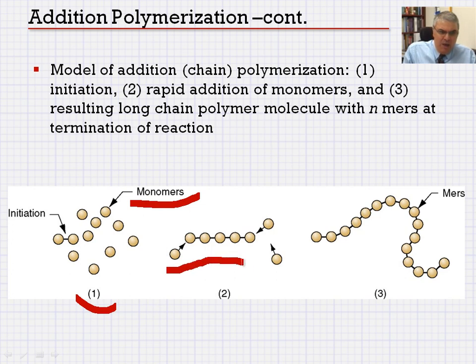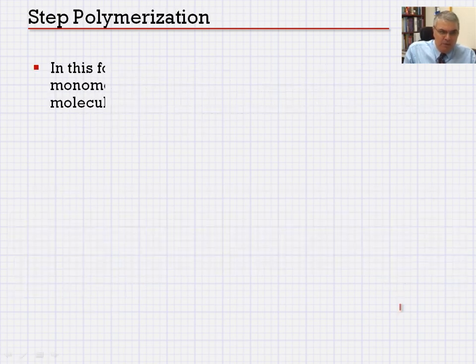After a while, as we go through the process, of course, the chain would be longer and longer, and eventually we're going to achieve number 3. All these mers join together through the molecular bond, and we are going to have a long chain of polymer molecule.